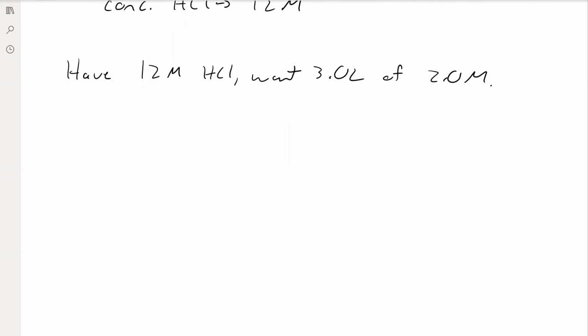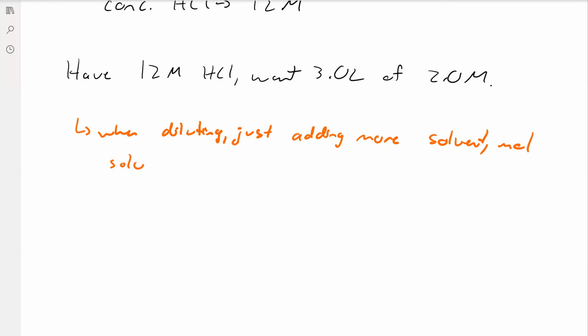So the key to these kinds of problems is that when you're diluting something, you're just adding more volume, you're just adding more solvent. Your moles of solute actually stays the same.